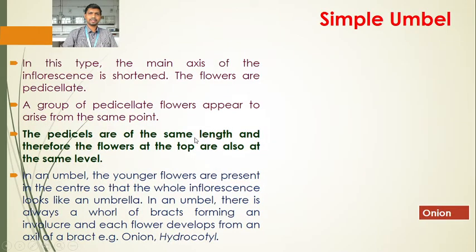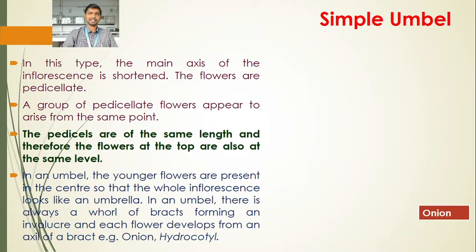The umbel is further divided into two types, simple umbel and compound umbel. In the first type, that is simple umbel, the main axis of the inflorescence is shortened, and the flowers are pedicellate. The group of pedicellate flowers appears to arise from the same point.